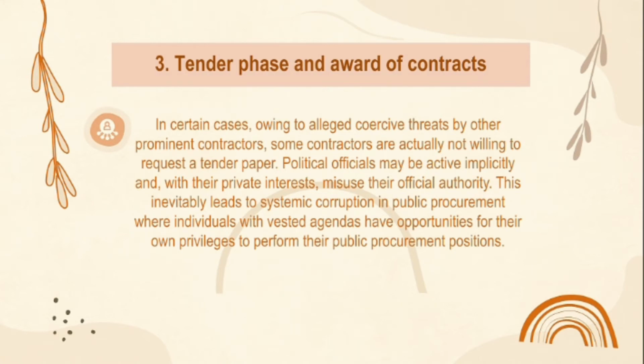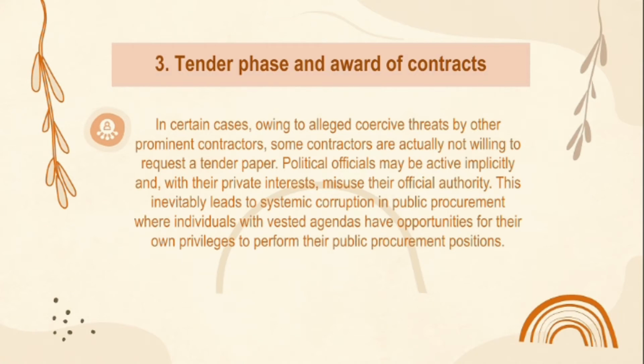In developed countries, it is a severe concern. The trend is that the prospective contractors who use their coercive leverage get the deal. In certain cases, owing to alleged coercive threats by other prominent contractors, some contractors are actually not willing to request a tender paper.